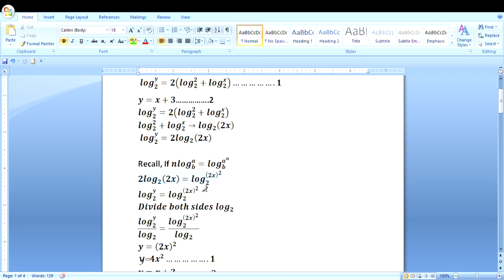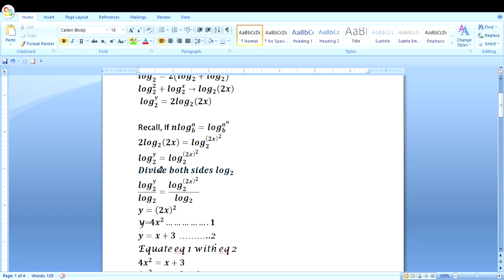This becomes log (2x) squared to base 2. Then we put this on the right hand side, and we have log y to base 2 is equal to log (2x) all squared to base 2.